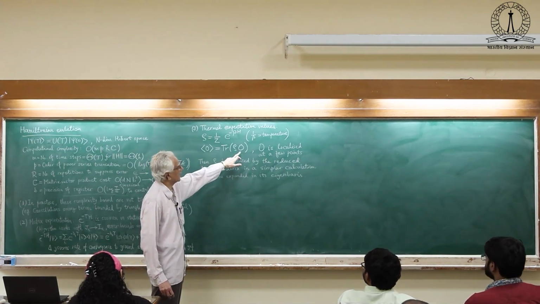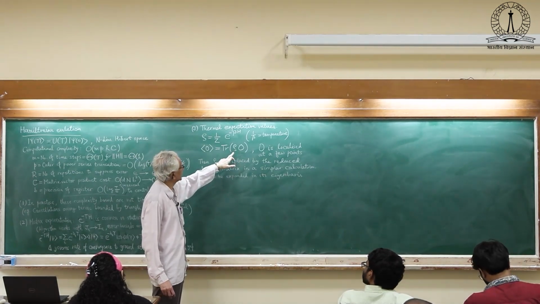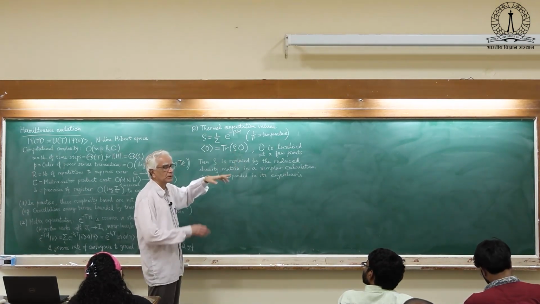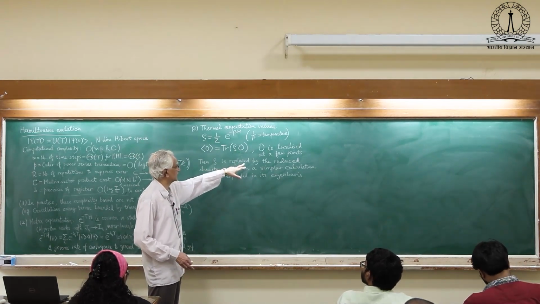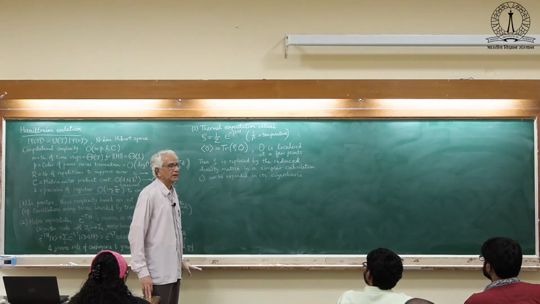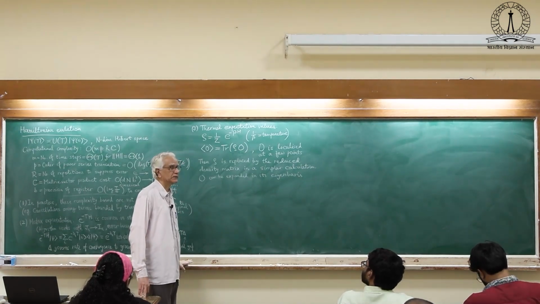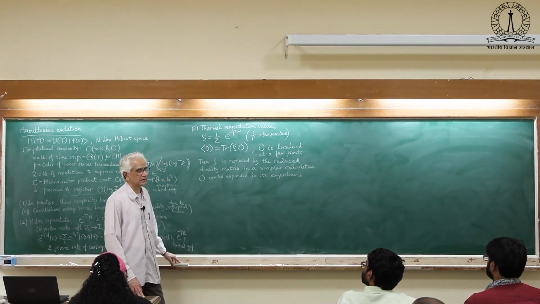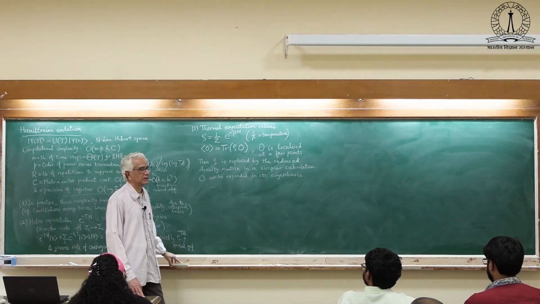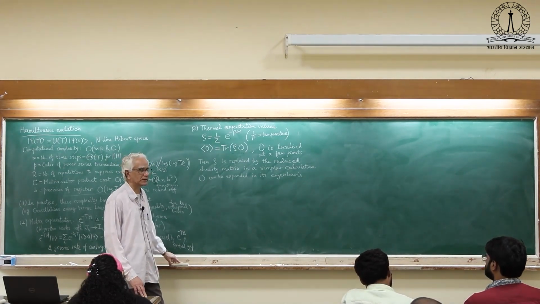But because the O has gotten factorized, you will get a trace of rho in the larger space, which is the definition of the reduced density matrix. For calculating the reduced density matrix, rho does not have to be factorized. You can calculate it for any density matrix. You can choose a basis, that is fine, but you don't have to necessarily factorize it.